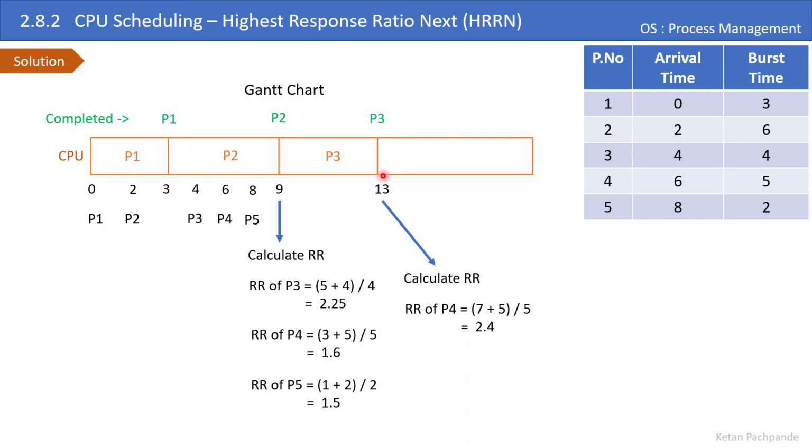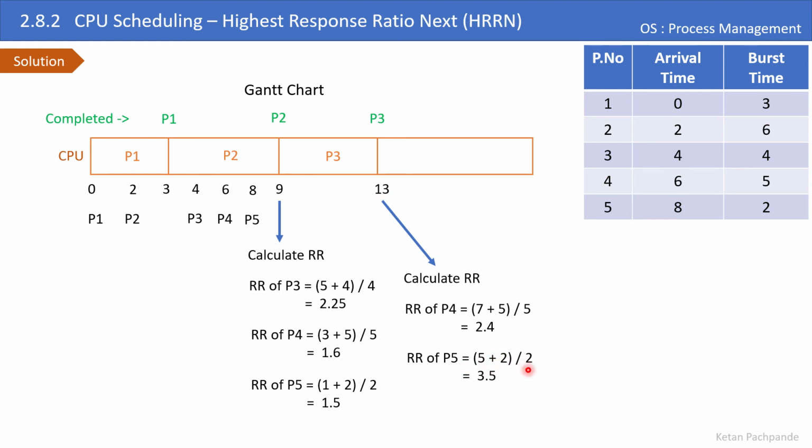So at time t is equal to 13, the waiting time of process P4 is going to be 7. It arrives at 6, and until now, that is 13, it has waited 7 time units. So 7 plus service time, which is 5. So (7 + 5) by 5, the ratio is 2.4. Similarly, the response ratio of P5: 5 is the waiting time, from 8 to 13 it is 5, and its service time is 2.